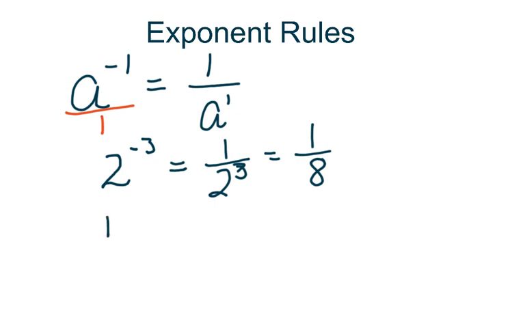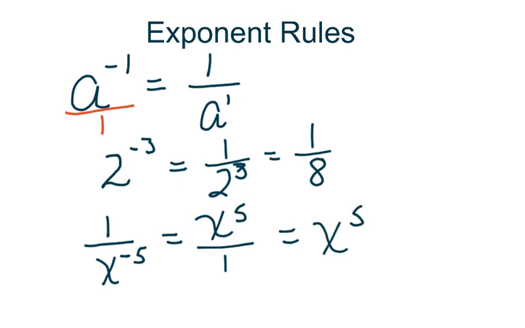If we start with 1 over x to the -5, because it's a negative exponent, again, it doesn't mean it's a negative number. It means that it has to switch its position within this fraction, or within this rational expression. So if it's to the -5 on the bottom, we're going to bring it up to the top to become a +5. So this becomes x to the 5th over 1, or just x to the 5th.